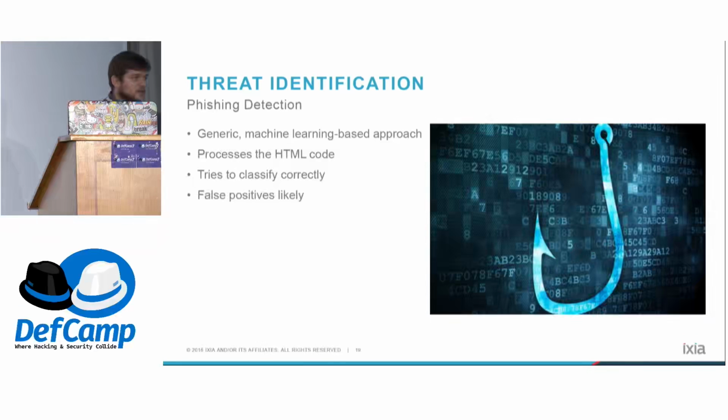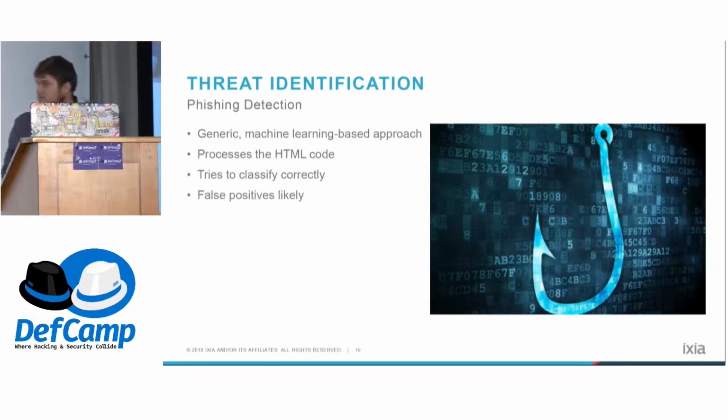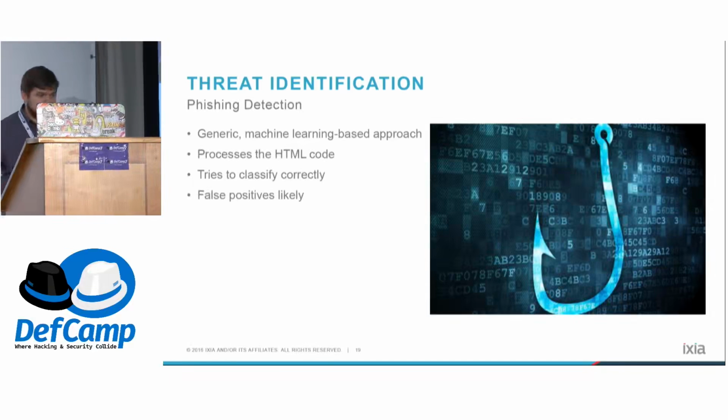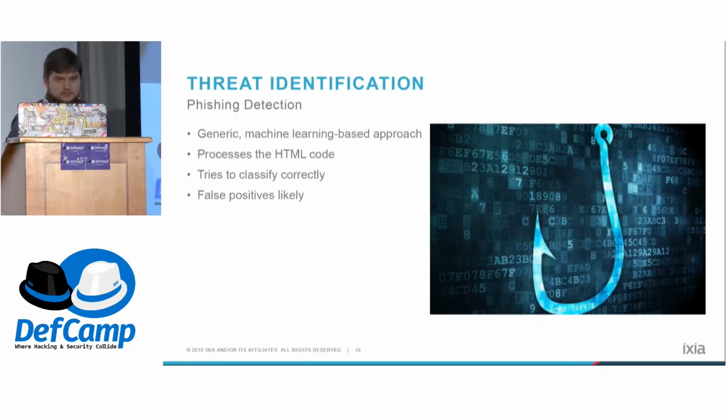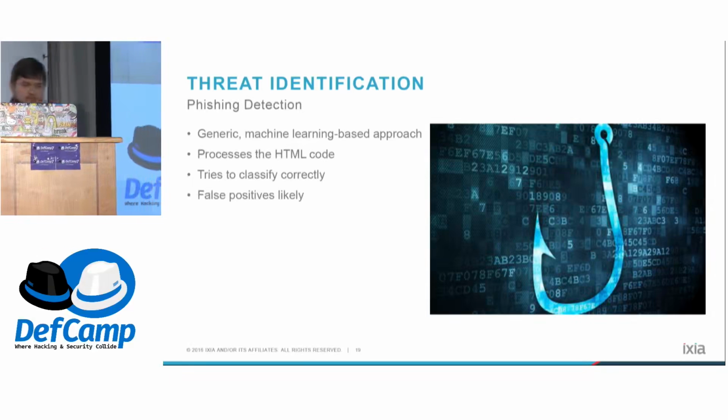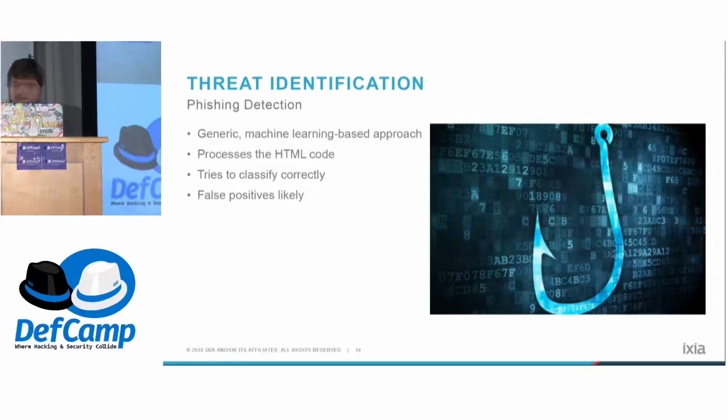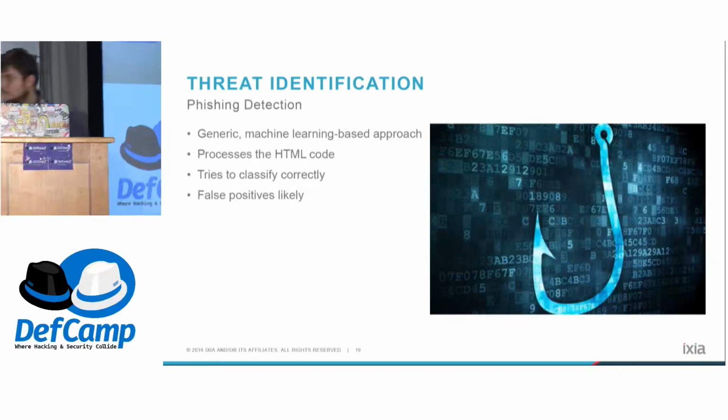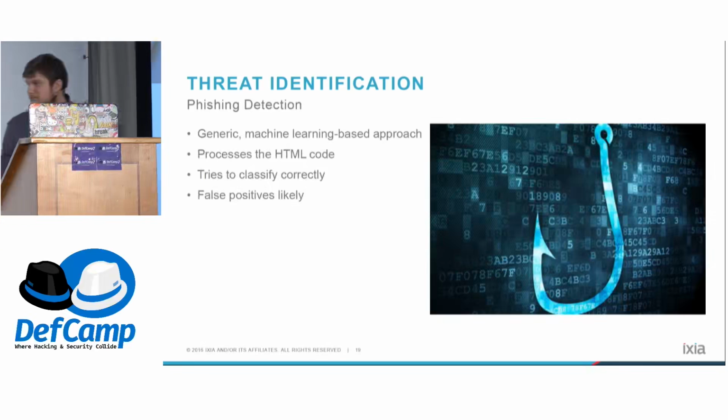So it requires a lot of monitoring, and we generally rely on a second opinion before saying that a page is phishing or not. Also, while training the phishing engine, we managed to block Google access for the whole of Ixia because you need some false positives in your training set. So what better way to get them than crawl the first 10 pages of Google for some search terms?